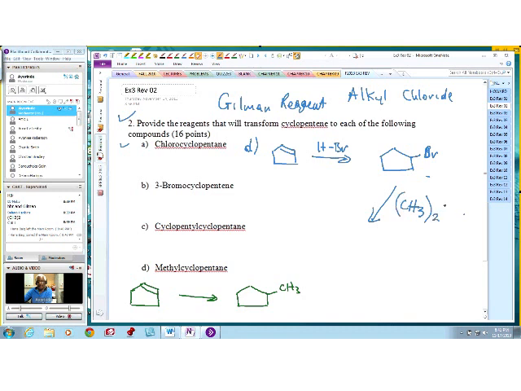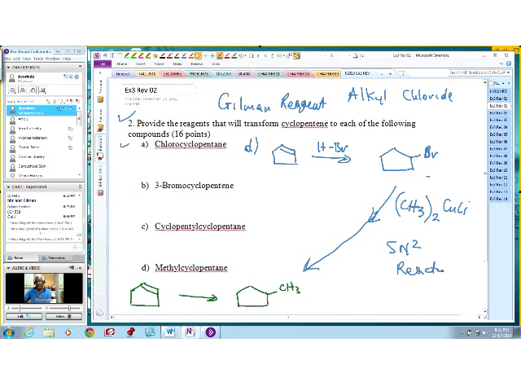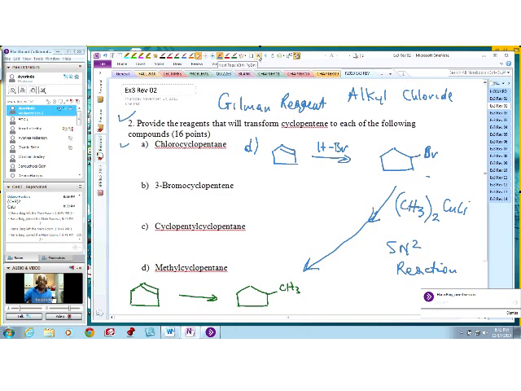The Gilman reagent will give you this here. This is another case of an SN2 reaction. So we have finished our question number 2, and we are moving right along. Go to the next one.